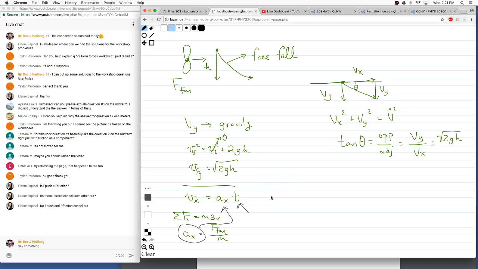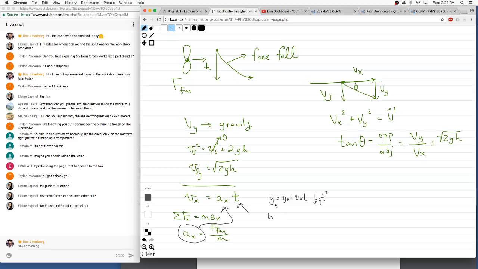So how long is it in the air? In order to do that, I need to think again about the y motion, right? Because I know that this will be true: y equals y naught plus v naught t minus 1/2 g t squared. I can solve this for t.